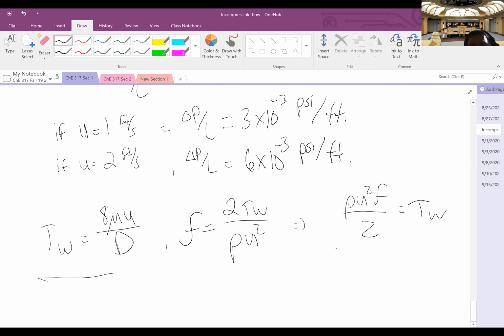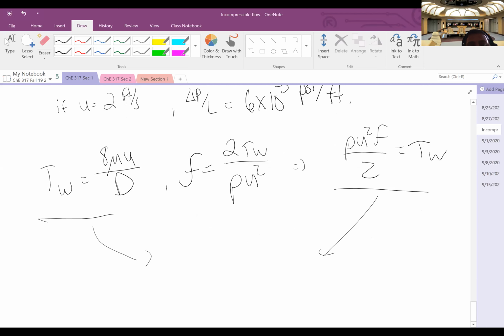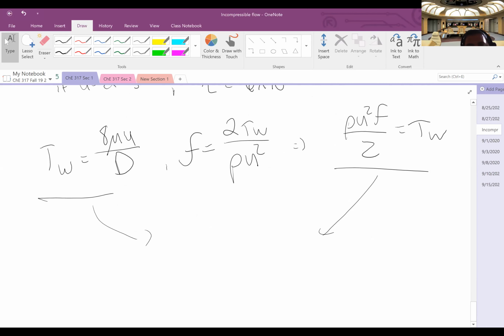If we want to consider how laminar flow and friction factor are related, we can combine these two expressions such that we're left with 8 mu u over d equals rho u squared f over 2.